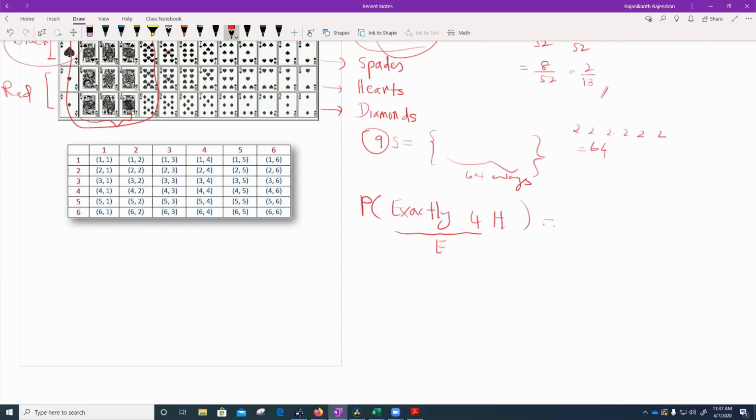The formula says that the probability of E is N of E over N of S. Let's first find N of E, the number of outcomes in your event E. In other words, how many ways you could make this event. You are tossing 6 coins. Among all 6, I need to have 4 heads, right? So how many ways could I make it? You are given 6, and out of 6, I need 4. So the number of ways you could make this happen is 6 choose 4.